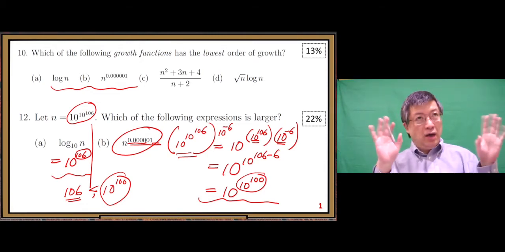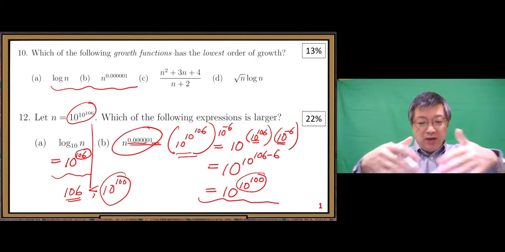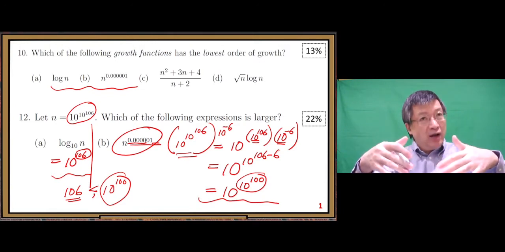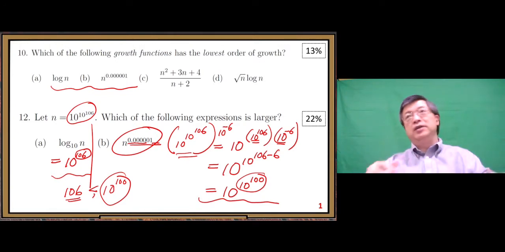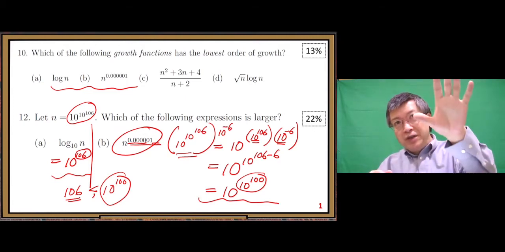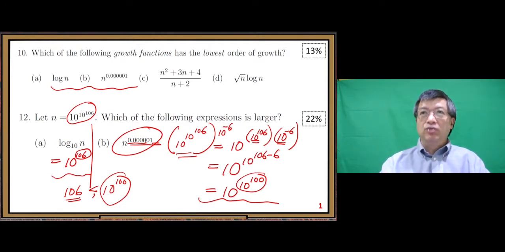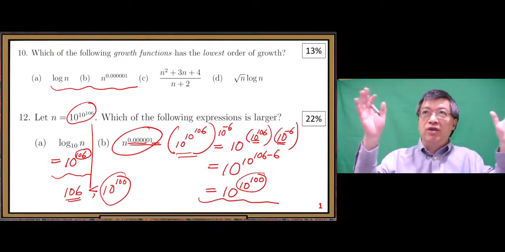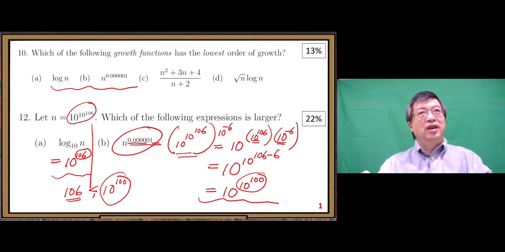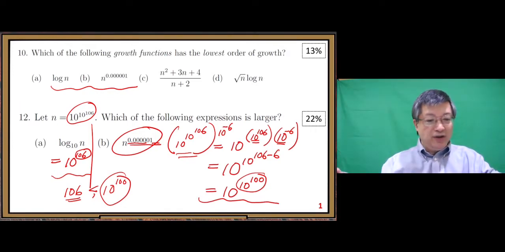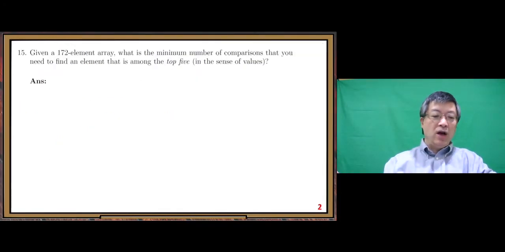So I hope you can do algebra of this kind. You need to have that basic algebra skill for this class to do well for this whole class. Okay? All right, so let's move to the next question, number 15.